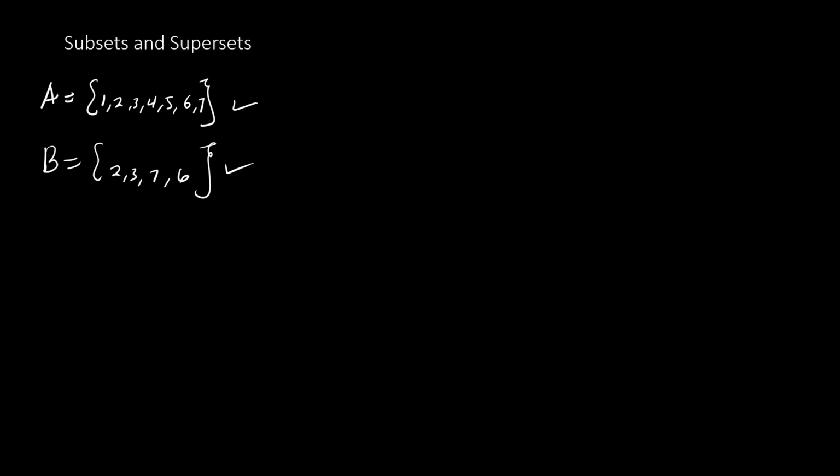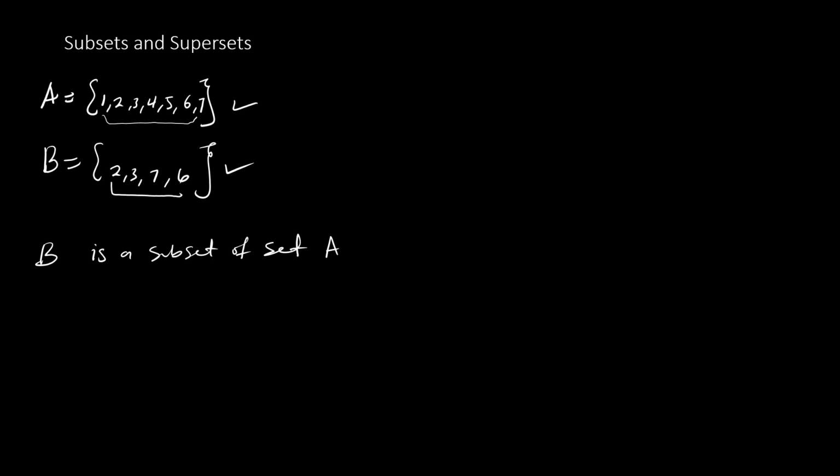And all elements of set B are also in set A. So we can say that set B is a subset of set A. It's something like set B is being derived from set A. Like set A gives birth to set B, something like that.